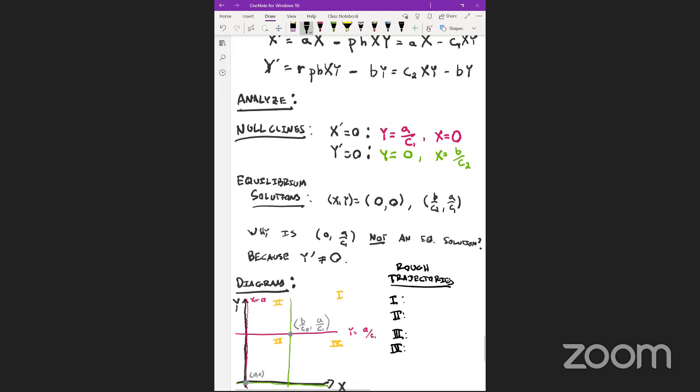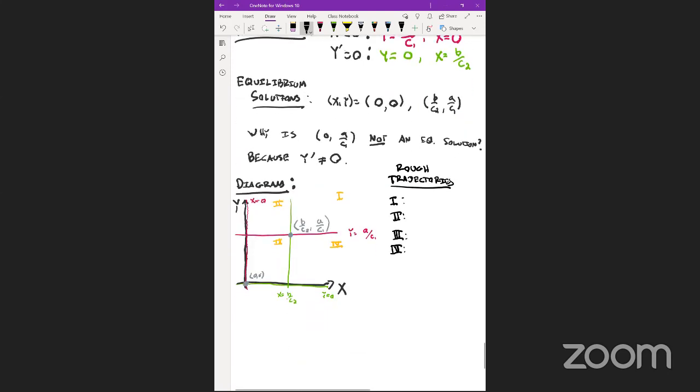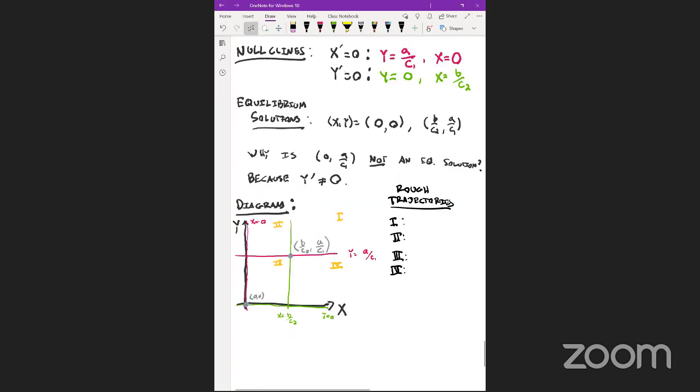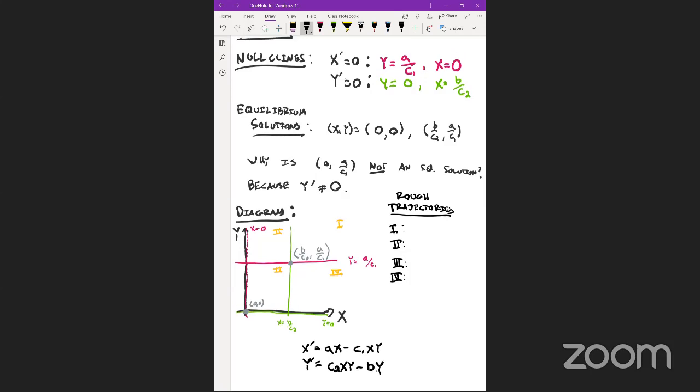And let me write the equations down here again. So x prime equals ax minus c1 xy, and y prime equals c2 xy minus by. Great.